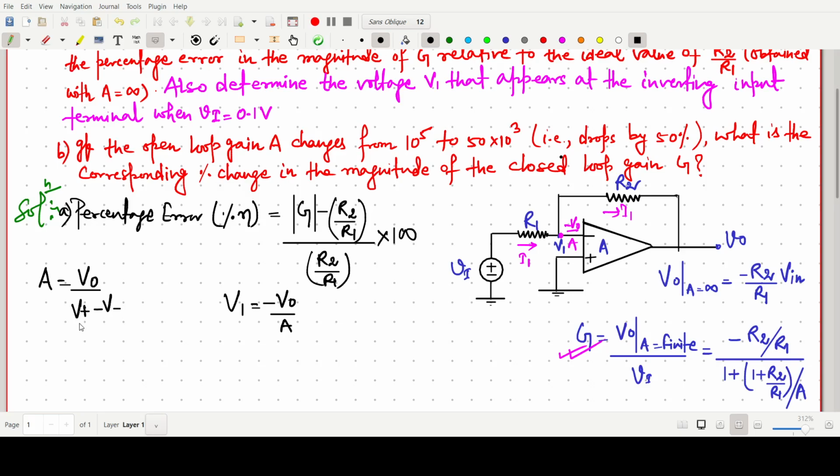Now this V plus is 0 volt, grounded, so V minus, if we solve it, will come out as V naught by A. I have already proved all these things in my last video, the basics of how to find the gain. So these are the three formulas that we have to take care of for the first part.